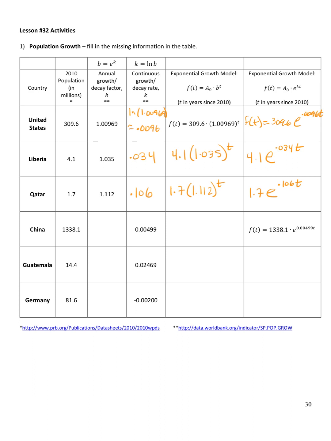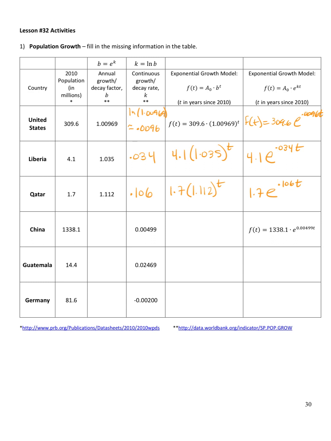For China, I have the initial population, and instead of giving the growth factor, they gave me the continuous growth rate. And if I want the growth factor, I do E to the K. So I have K, I just do E to this number, and I'll get B, my growth factor.